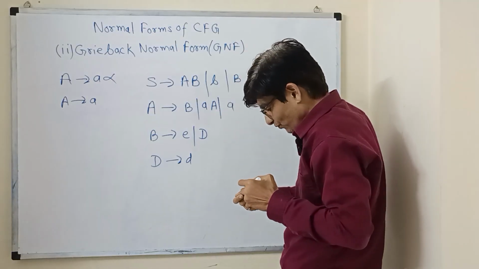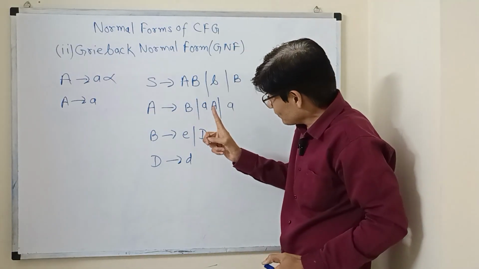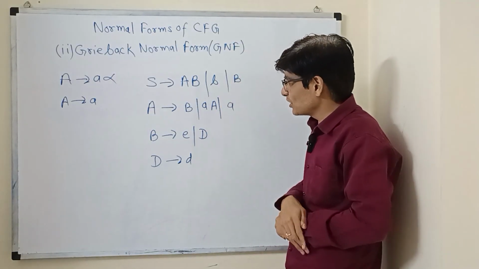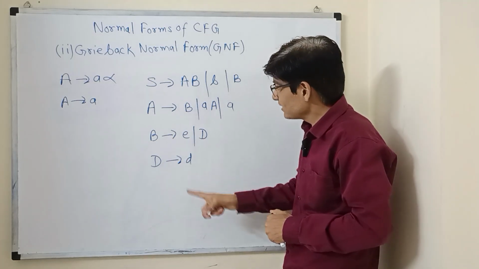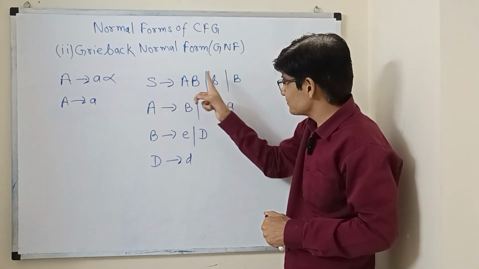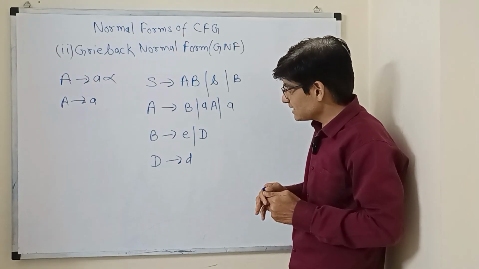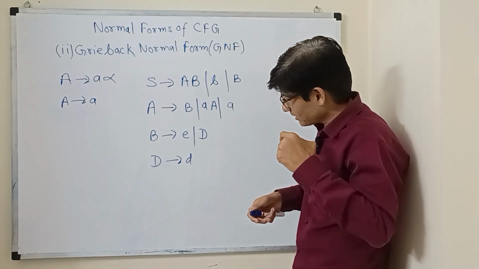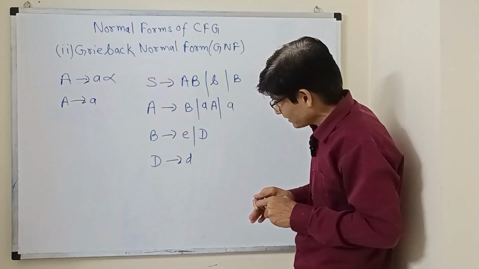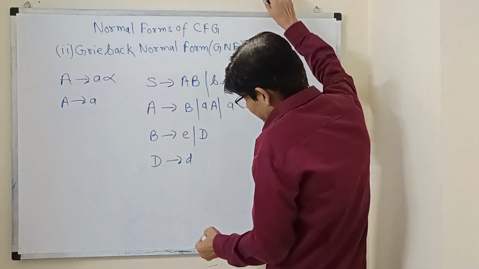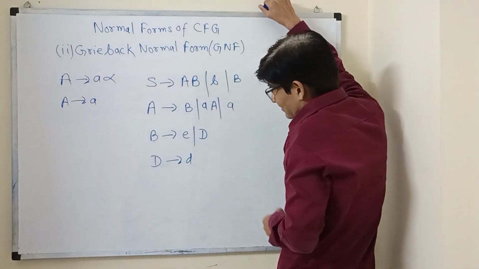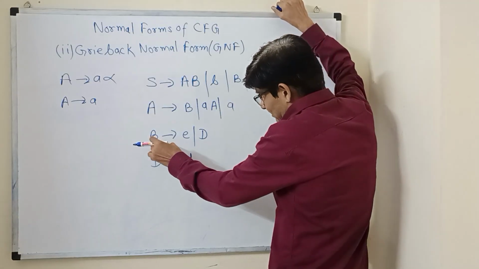Now you can see, my friend, we have three unit productions here: B gives D, A gives B, and S gives B. Now you can see how we will remove all these unit productions one by one. First we will remove this B gives D. How can we remove this production B gives D?